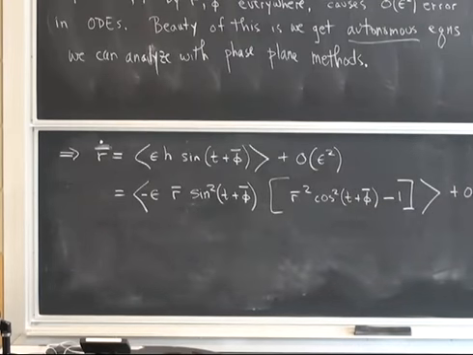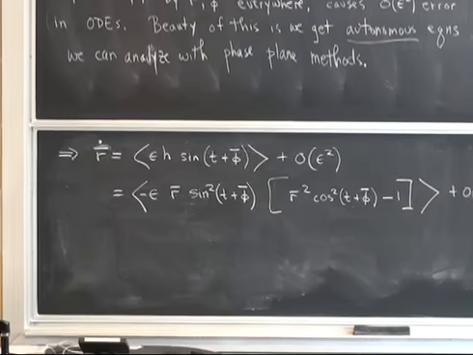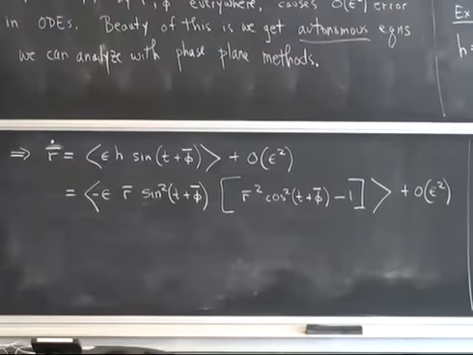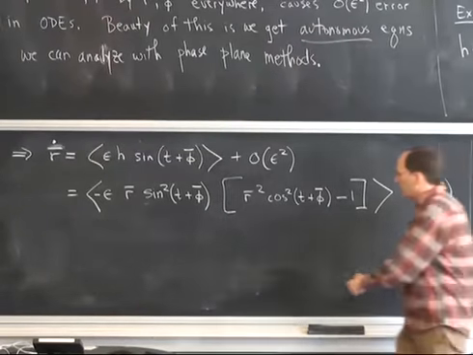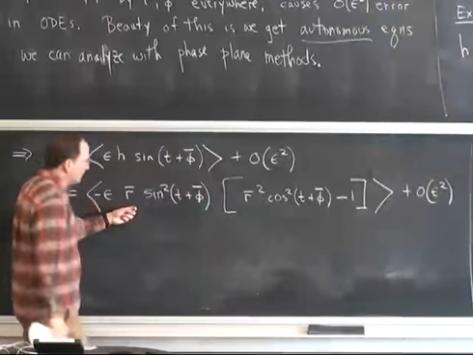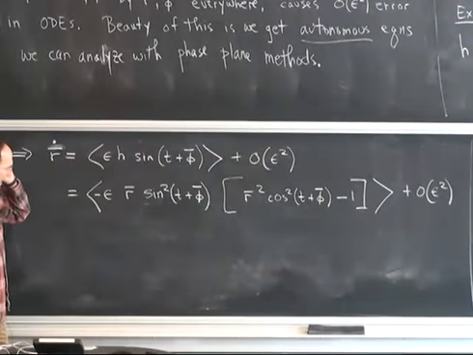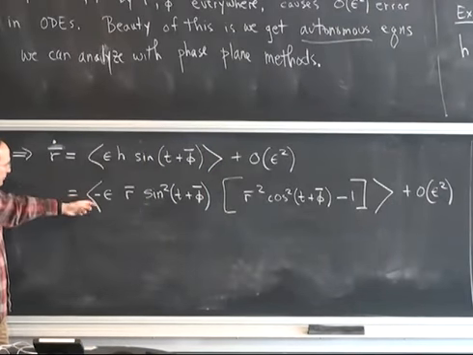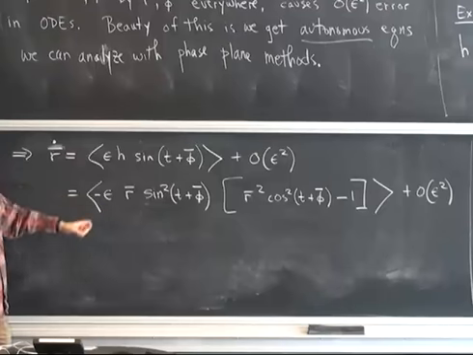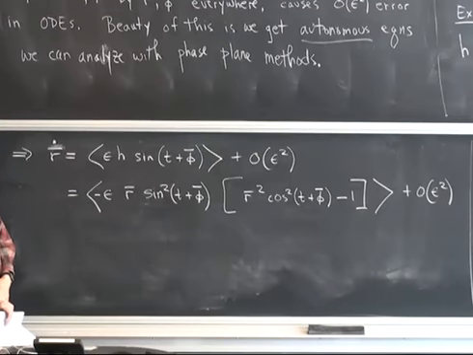Okay, we're cooking now because we're now at a point where we can compute averages. That is, stare at the big expression here in the angle brackets. What are we supposed to do next? We're supposed to compute averages. That means integrals from t minus pi to t plus pi.